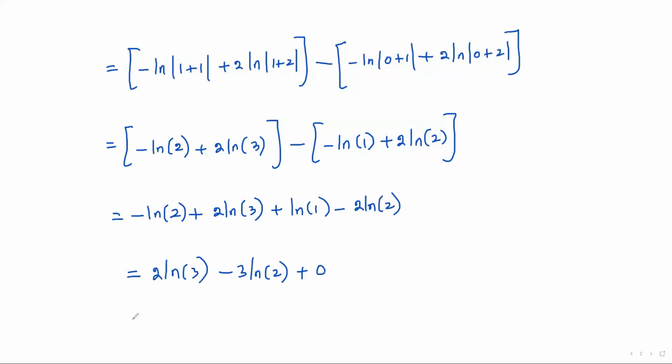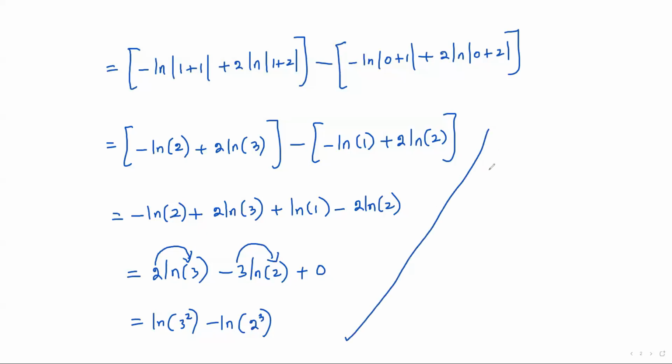So the next step, what I'm going to do is use the power rule of logarithm. That is, I can take this 2 as the exponent of 3, this 3 as the exponent of 2. I'm getting ln of 3 squared negative ln of 2 to the third power. Okay, so it's going to be ln of 9 negative ln of 8.